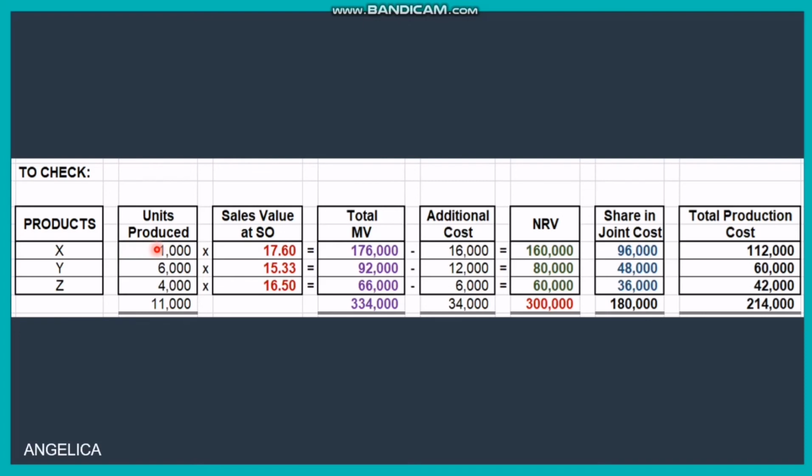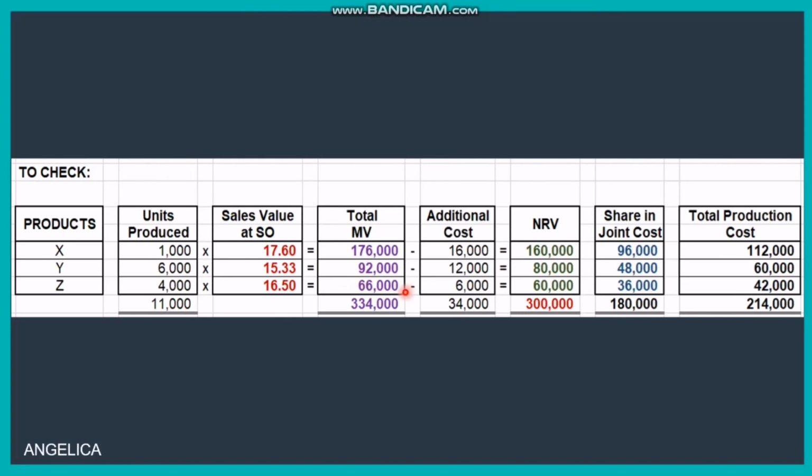So we have 10,000 units produced times 17 pesos and 60 cents is equal to 176,000 pesos. We have 6,000 units produced times 15 pesos and 33 cents, 92,000 pesos. 4,000 units produced times 16 pesos and 50 cents equals 66,000 pesos.